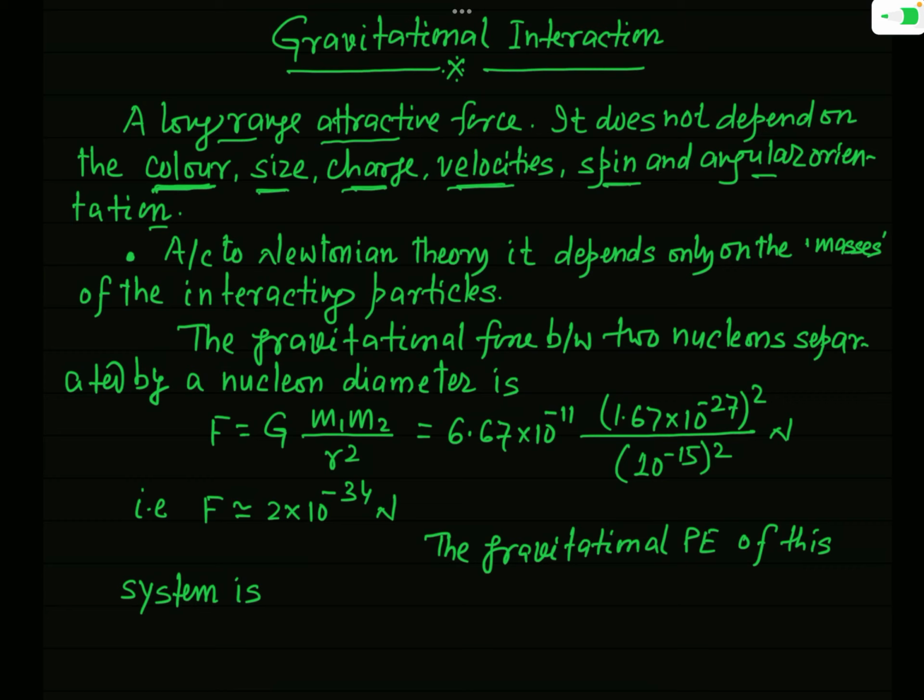In fact, this gravitational interaction has basically three theories in physics. First one is the classical theory, or you can say the Newtonian theory of the 17th century. You have definitely studied the famous universal law of gravitation proposed by Newton. When you think about gravitation, there are three theories regarding this.